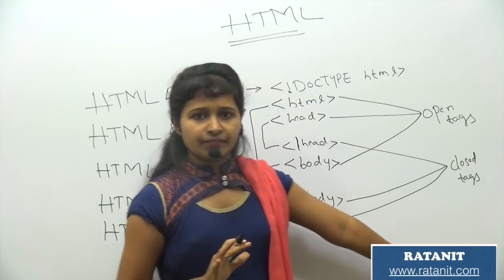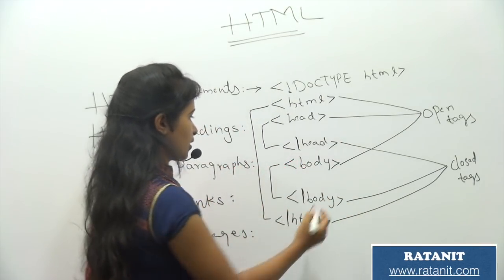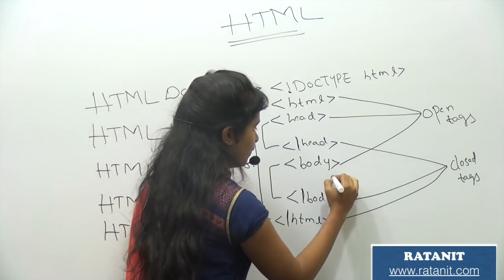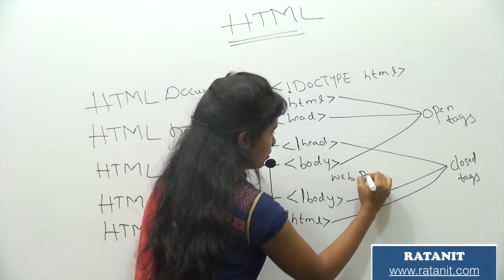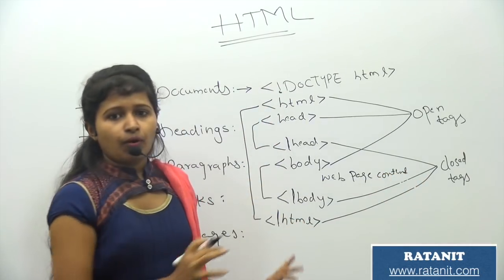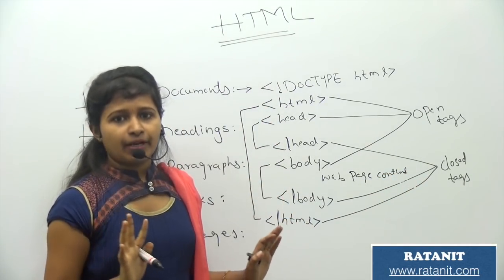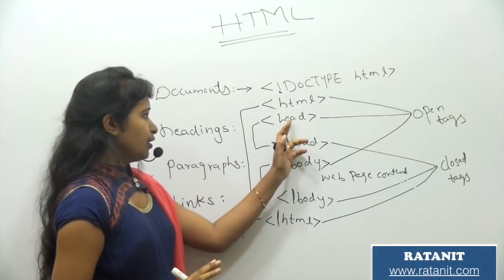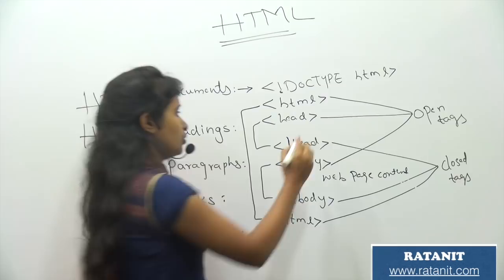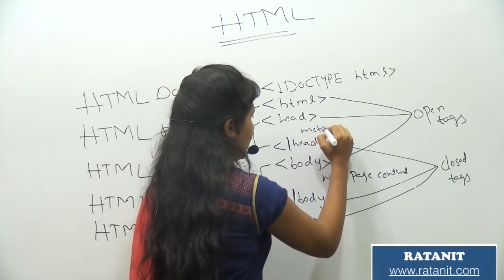First you need to be clear with this, then you understand the basic thing. Whatever I'm writing here is my web page content. Whatever you write in the body section is displayed on the web, and whatever you want to keep as metadata, you need to keep in the head portion.